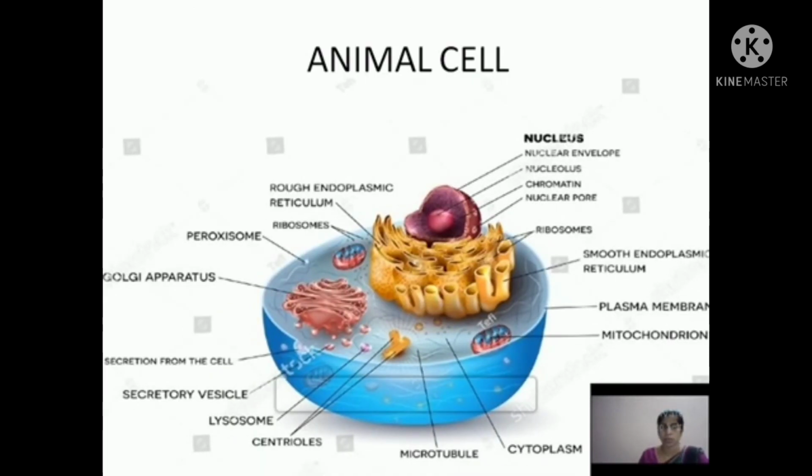The animal cell has the nucleus and mitochondria, Golgi bodies, centrioles, lysosome, and all the cell organelles, except what? Plastids and vacuole. So this is the main difference between animal cell and plant cell. And one more is the cell wall. Cell wall is also present in the case of the plant cell. Clear? I hope all of you understood this topic.